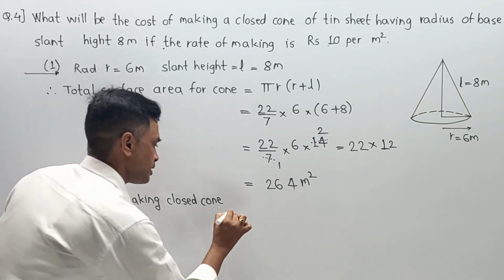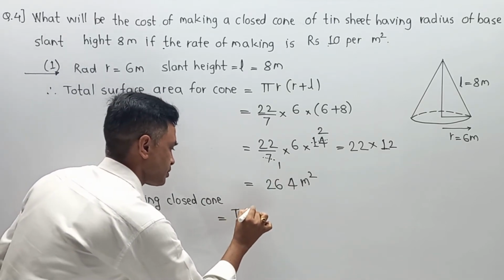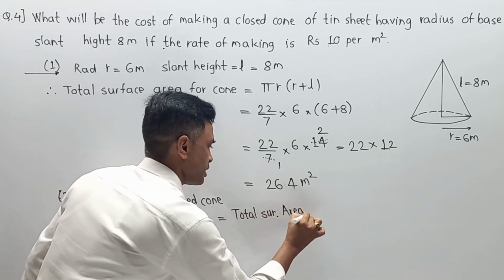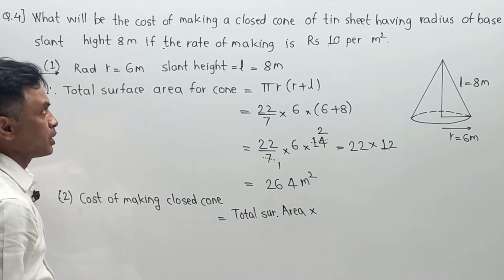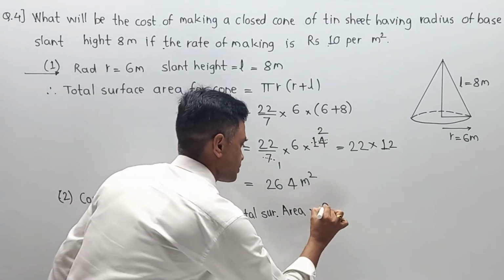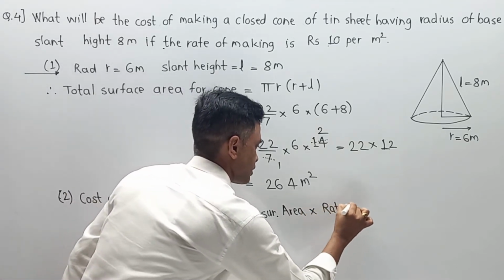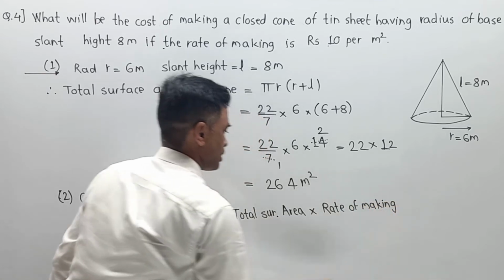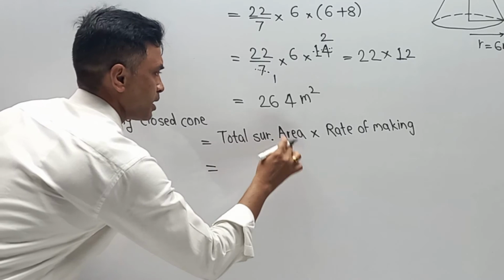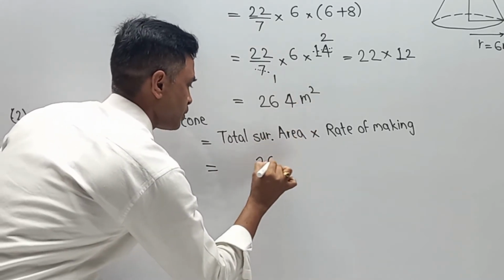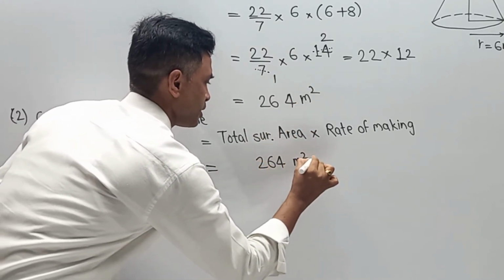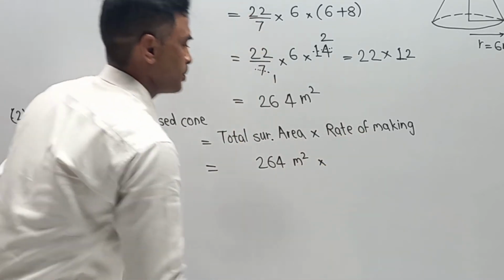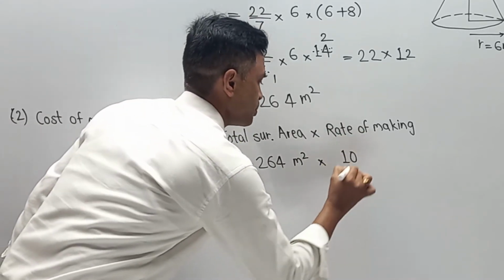Total surface area into rate of making. Now total surface area is 264 square meter into rate of making, they have given rupees 10 per square meter.